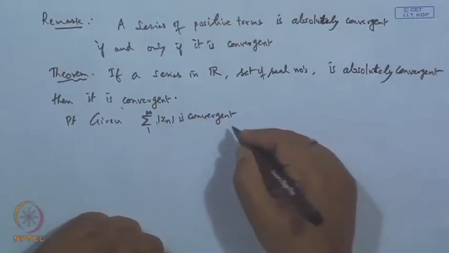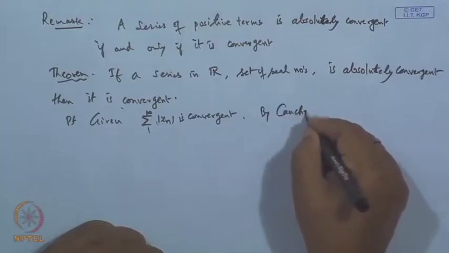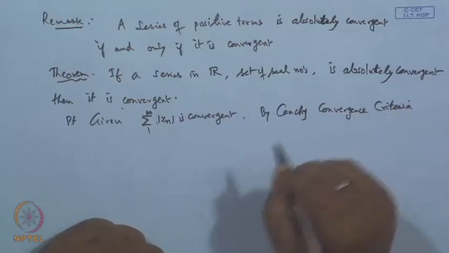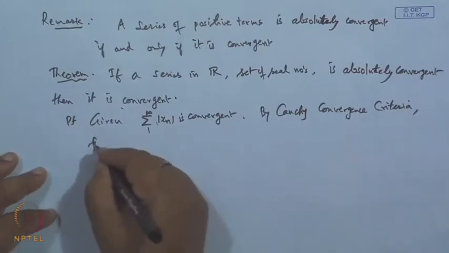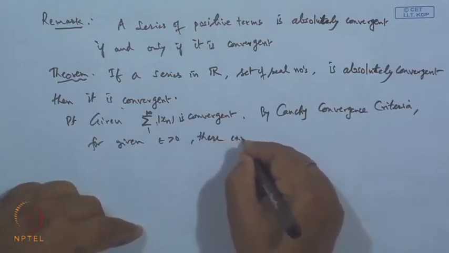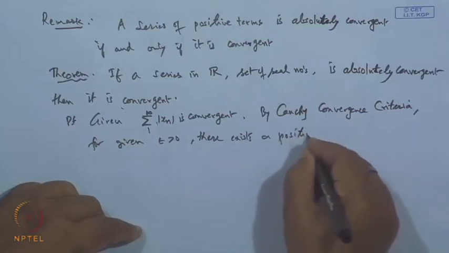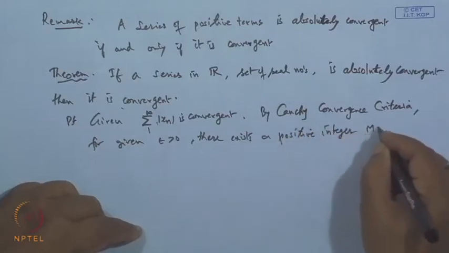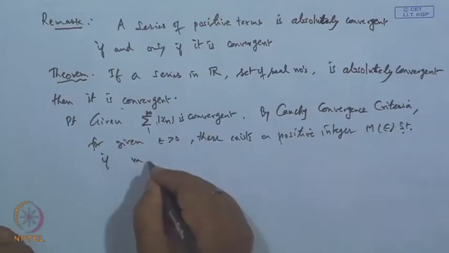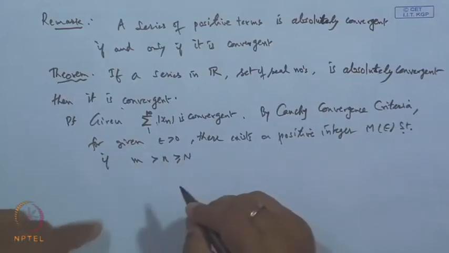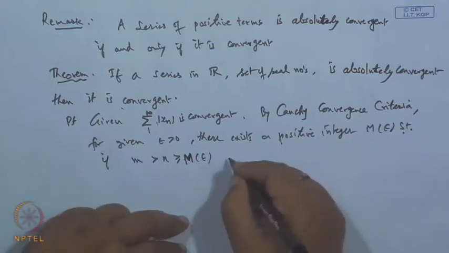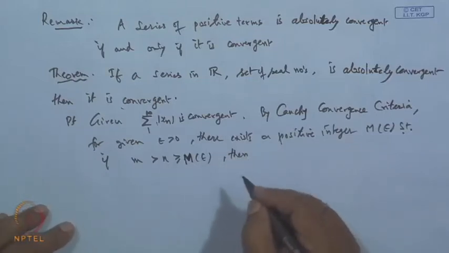By the Cauchy convergence criteria, we can say that for a given epsilon greater than 0, there exists a positive integer capital M, which depends on epsilon, such that if we take m and n both greater than or equal to capital M, then Sm minus Sn should be less than epsilon.